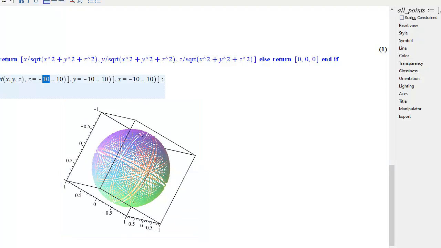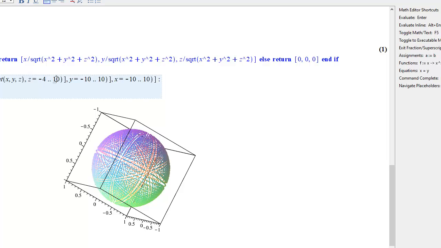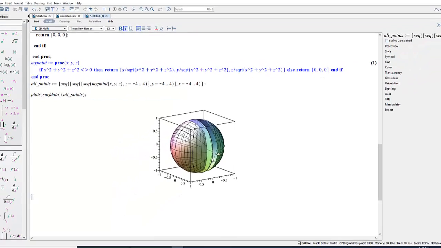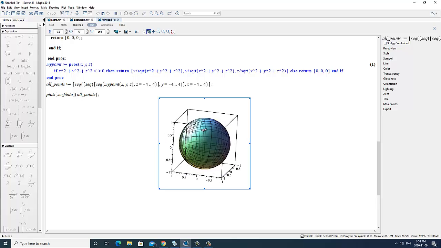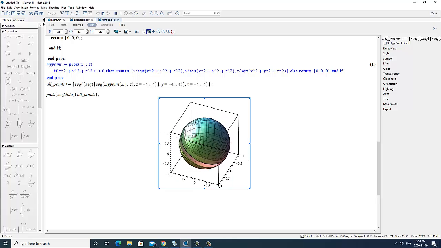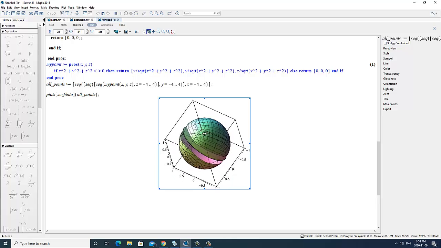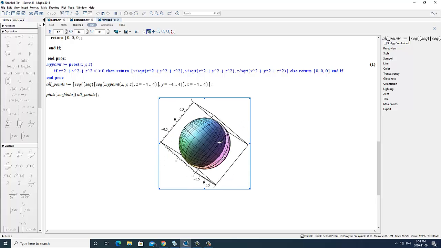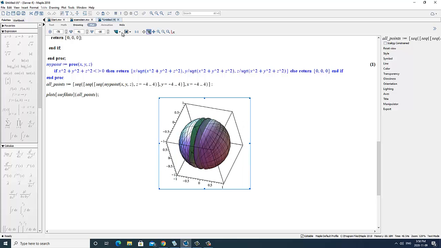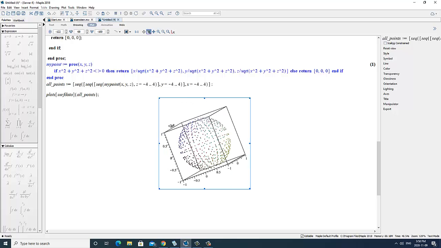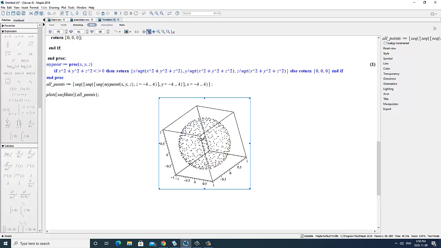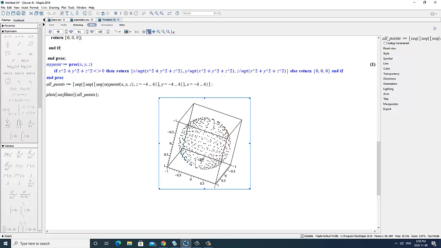Let's dial the patterns down to, I don't know, let's do 4. So you kind of see a thing going on here. Patterns emerging. That's the R3 sphere.